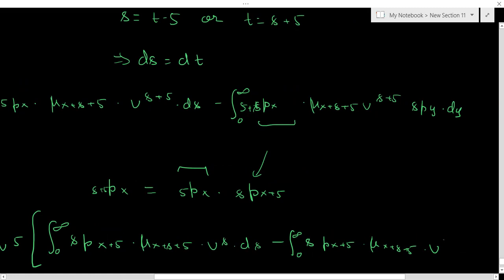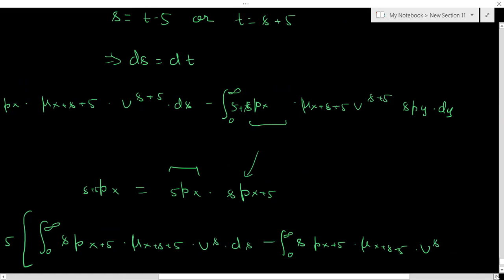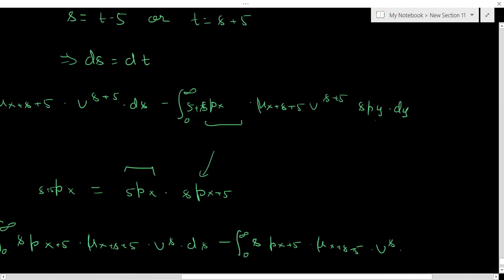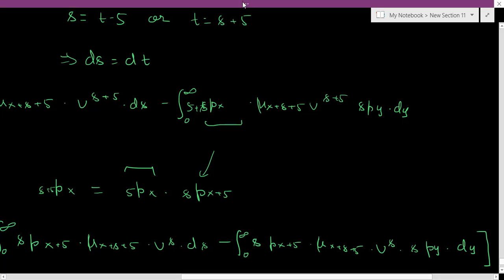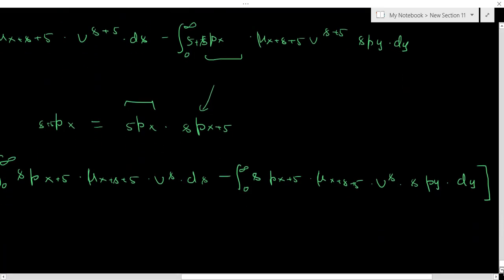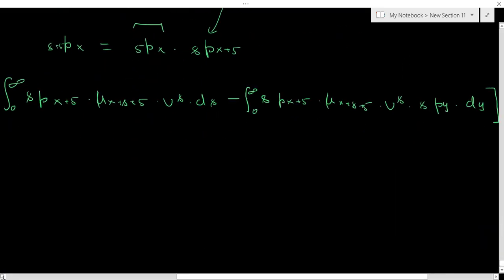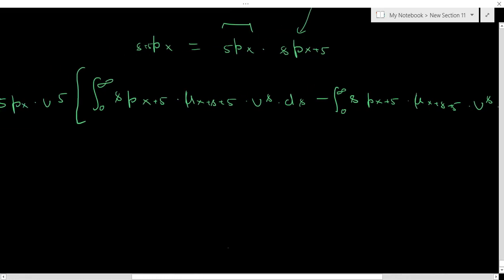So I'm just left with an s, okay, and s p y will remain an s p y, right? So this entire thing comes in a bracket, and this part I've already, everything else I've already taken common and out. Okay, so this is the entire expression that I have.